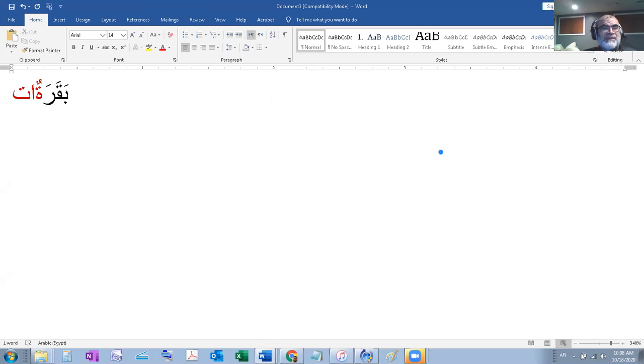First of all, تاء مربوطة cannot exist in the middle of the word. It can only exist at the end of the word. So this is the first error. تاء مربوطة has to be at the end of the word.